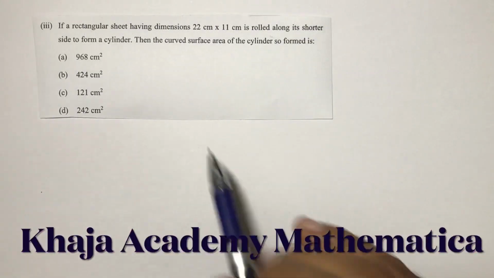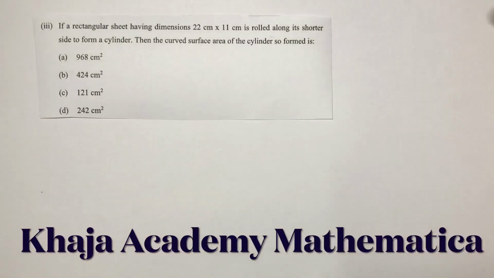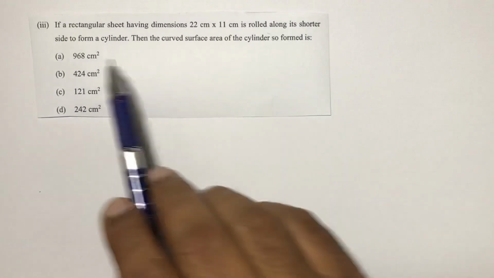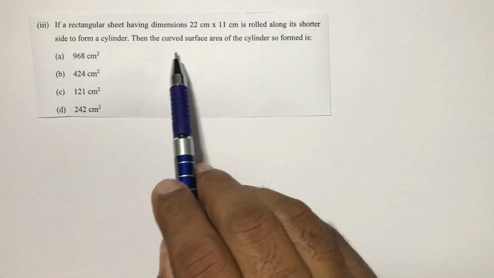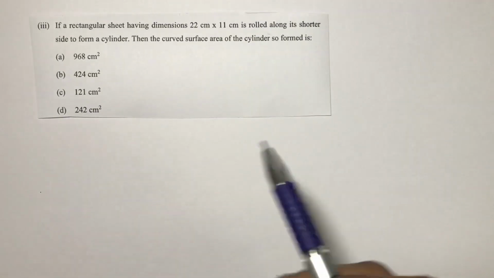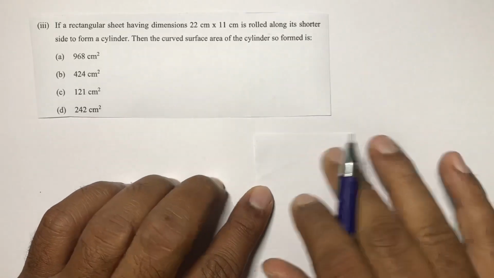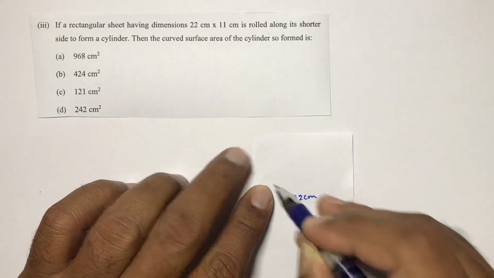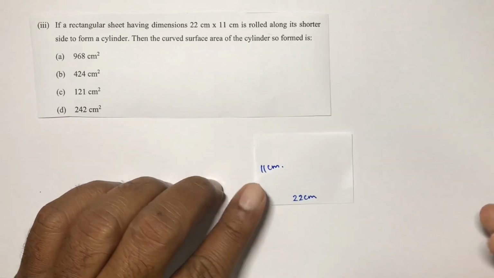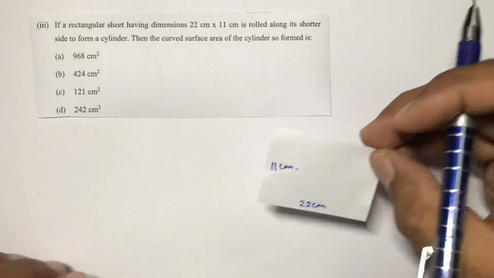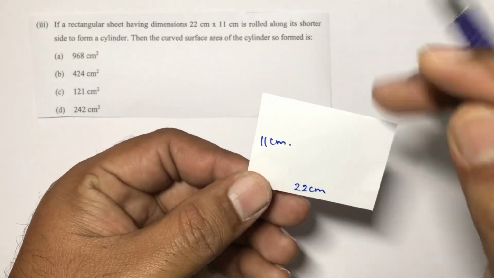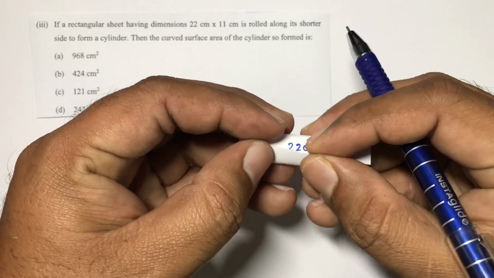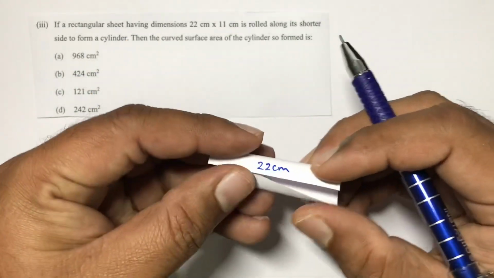If a rectangular sheet having dimensions 22 centimeters and 11 centimeters is rolled along its shorter side to form a cylinder, then find the curved surface area of the cylinder so formed. So here I'll take one rectangular sheet with dimensions 22 centimeters and 11 centimeters. If it is rolled along its shorter side, I'll get a cylinder in this form.